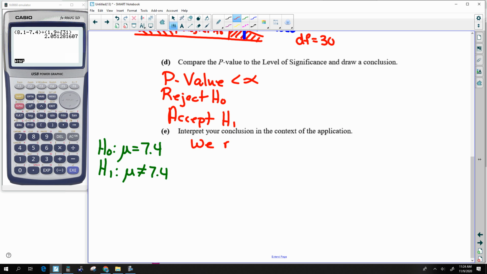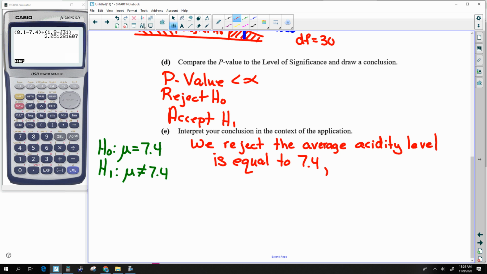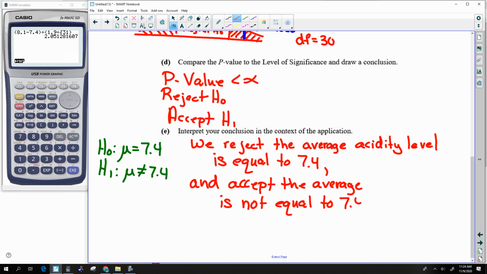So we reject that the average acidity level is equal to 7.4 and accept the average, I already described what it is not equal to, 7.4.